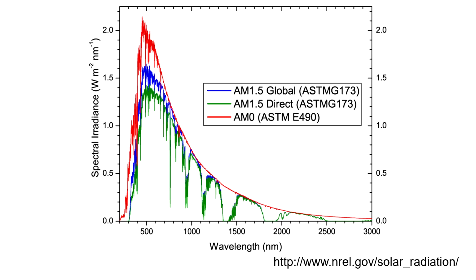So, this picture, which is taken from the NREL website, tells you that AM 0, of course, the outer atmosphere, will give you, without atmospheric losses, very high irradiance, reaching about 2 plus watt per meter square per nanometer in the visible range.